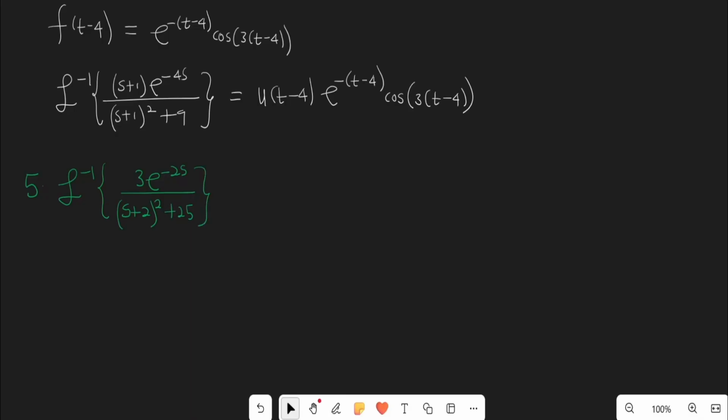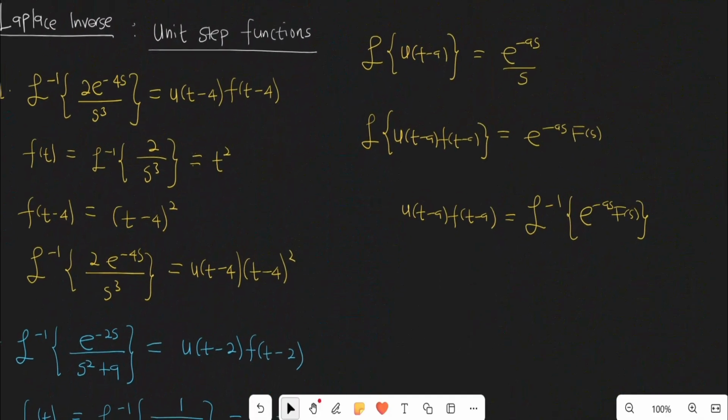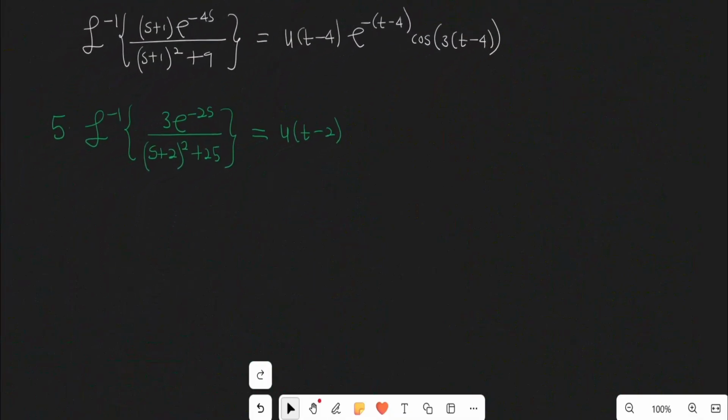Cool stuff. So this one, straight away, u of t minus a, in this case a is the constant in the exponential function. So this one is going to be u of t minus 2. If we go here, that is from our very first one here. All right, so now this is what we have, and this is going to be multiplied by f of t minus 2.